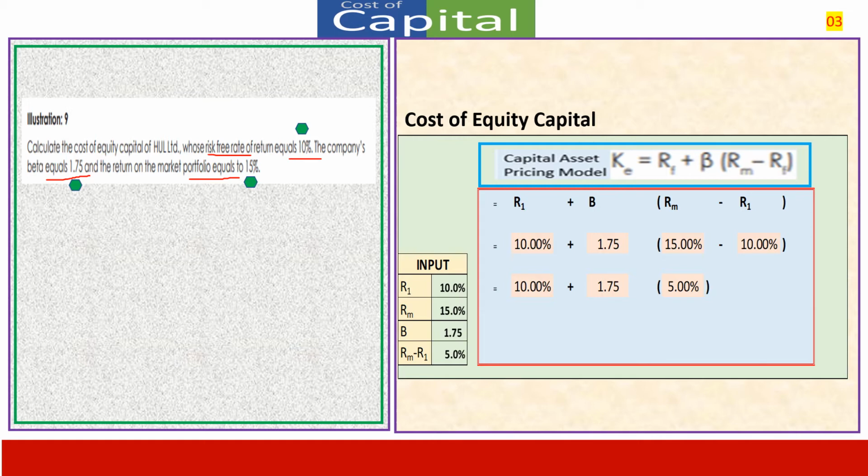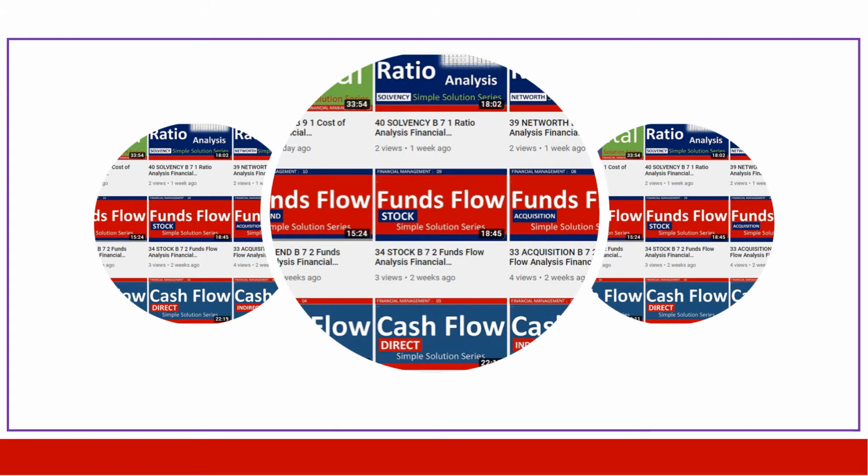Therefore, it is 10% plus 1.75 into 5, 10 plus 8.75, 18.75. As simple and as lucid as we saw it here. This is the typical way of calculating the capital asset pricing model to work out cost of equity capital.